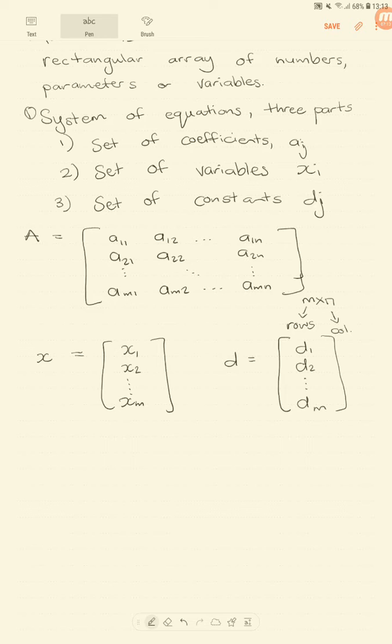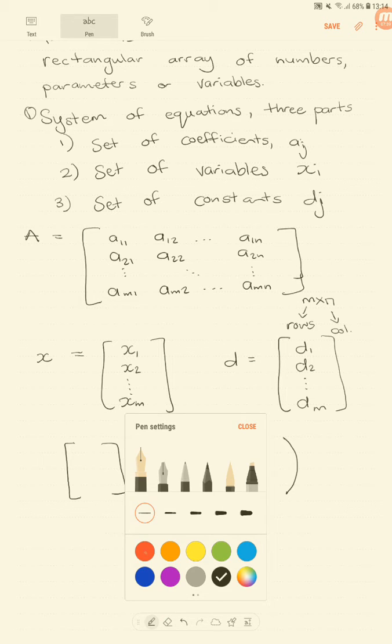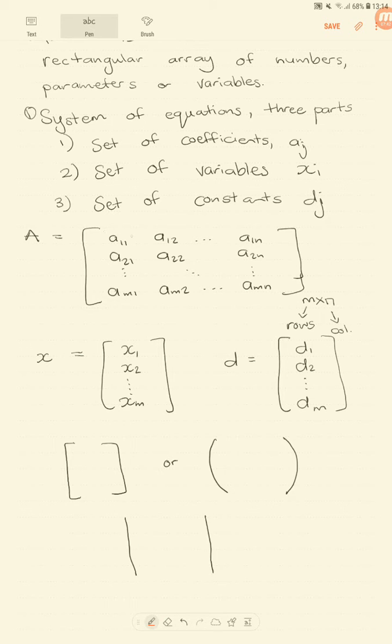A note on our matrix notation: you can use square brackets or round brackets, and in some cases we'll use only vertical lines. One more note, A11 is called an element of a matrix. So each of these entries in the matrix is an element.